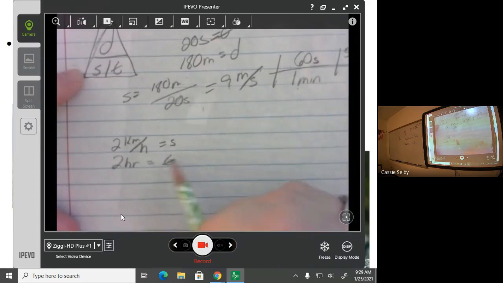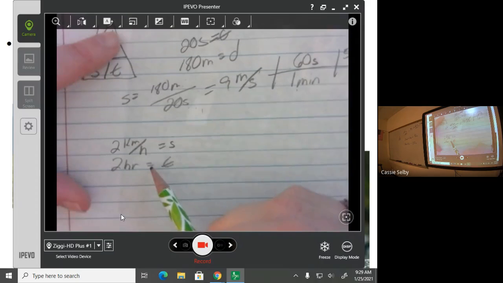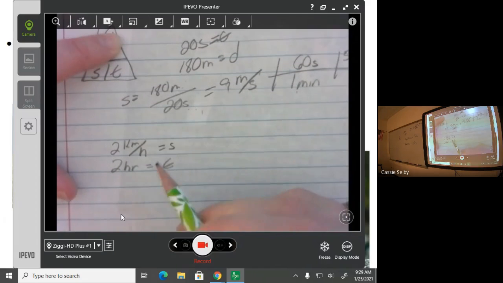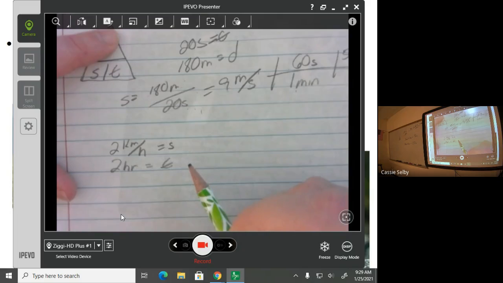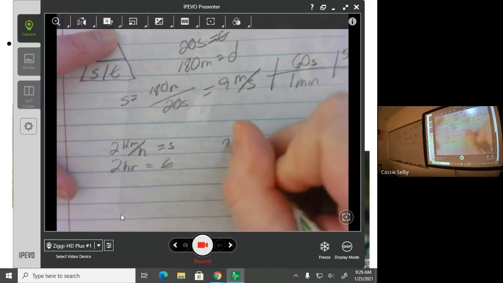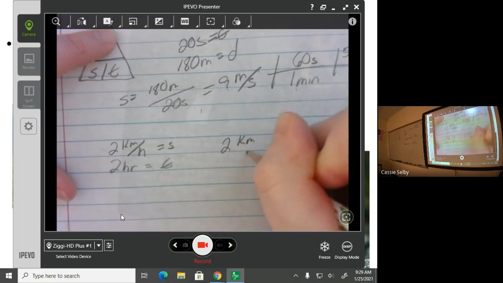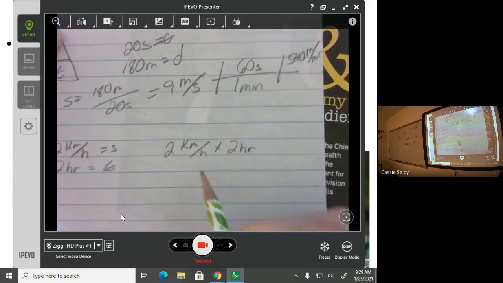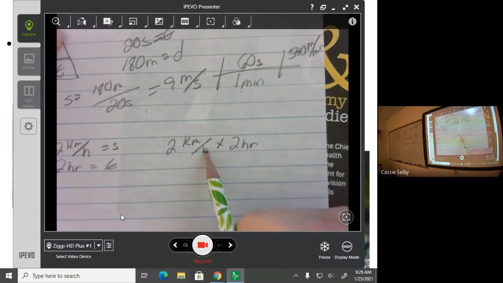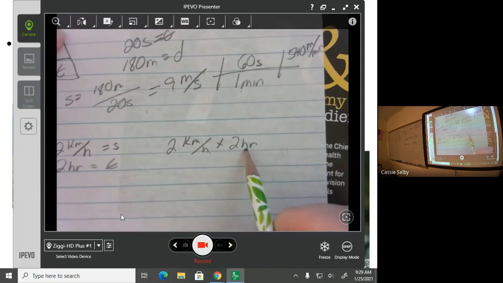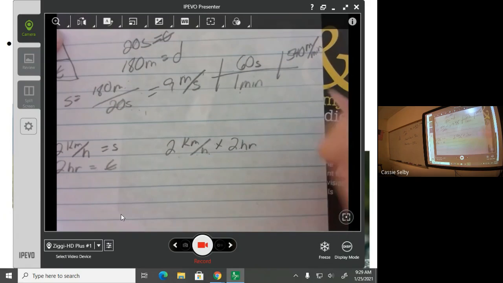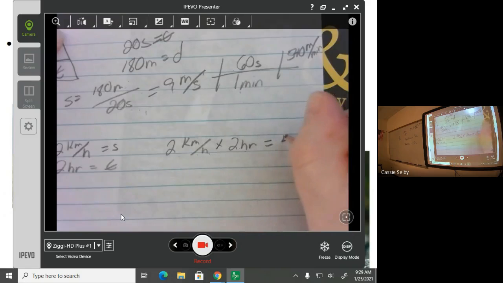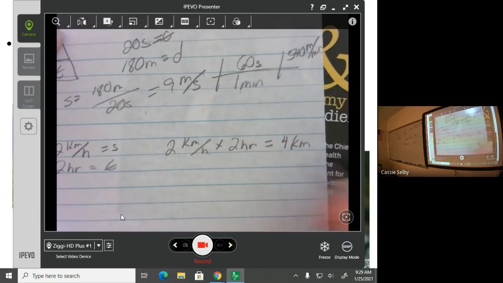Looking at my equation, I have speed, I have the time, I'm looking for distance. And if you look at your triangle, this means you multiply, so you wind up with 2 kilometers per hour multiplied by 2 hours. Hours is on the bottom here, so you multiply by hours, which is doing the inverse, so the hours cancel, and you wind up with 4 kilometers, and that's your distance.